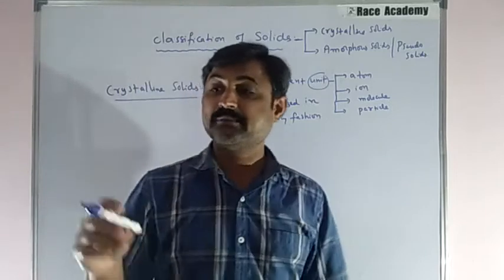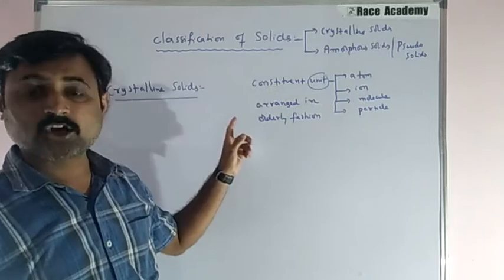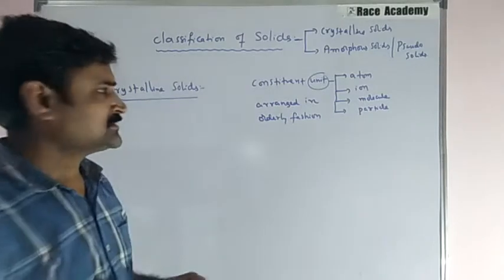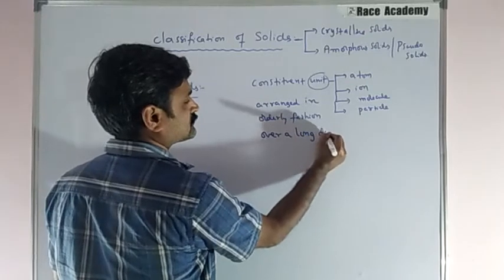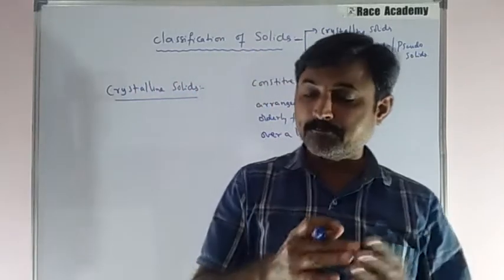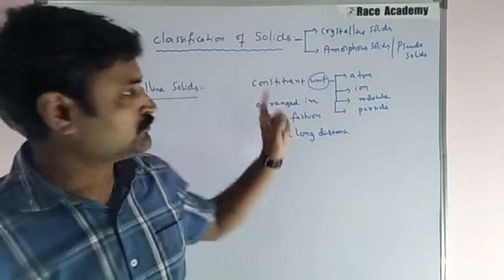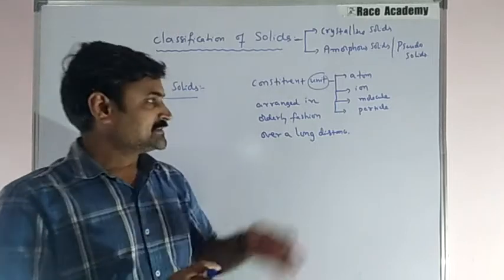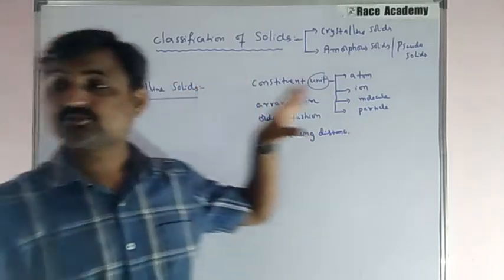The systematic arrangement of these constituent particles in crystalline solids will be noticed over a long distance. This distance is compared with interatomic distances, and it is more. That means the systematic arrangement is noticed over more than the atomic distance in the kind of solids called crystalline solids.